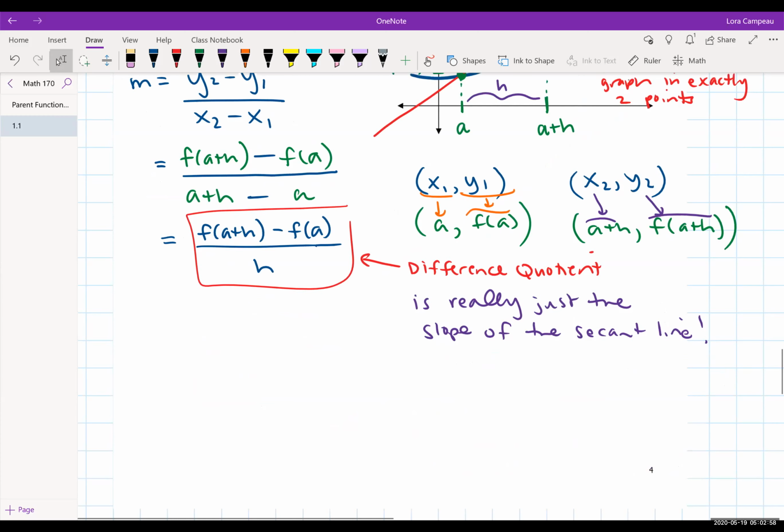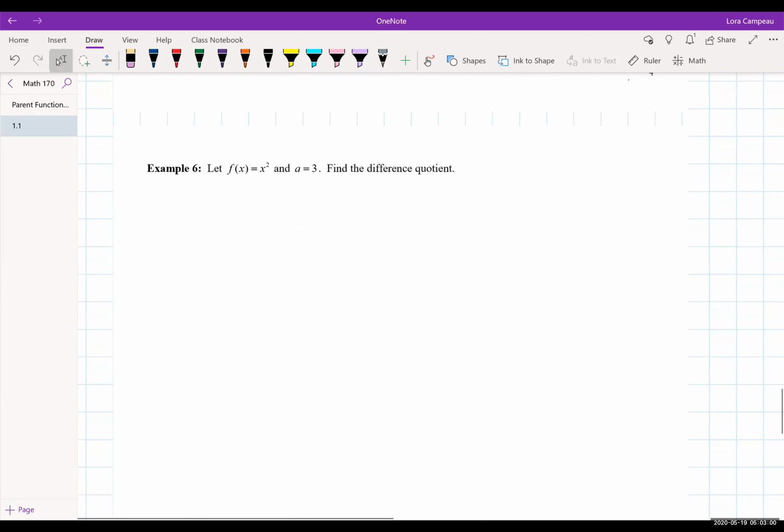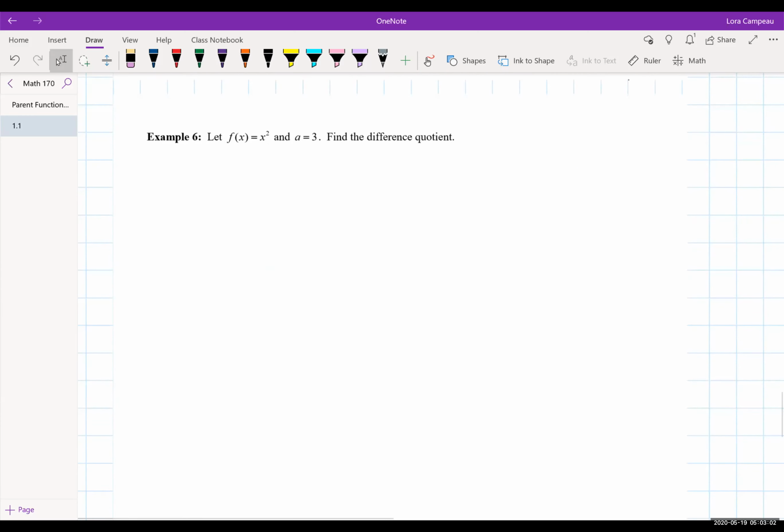So one last example to help you out with any of your homework. You may have some more complicated functions. They want us to practice finding the difference quotient for particular functions. And a lot of times when I'm going along with the difference quotient, it's a three-part process that involves you plugging in with algebra.